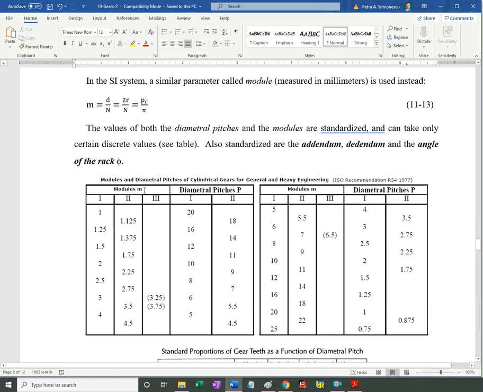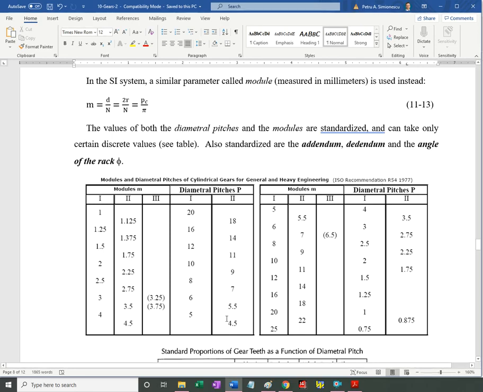Note that a gear in the metric module system could not mesh with the English system. Maybe accidentally you can find a close correspondence between these two, like with threads. Metric threads and inch threads are not supposed to be interchangeable.